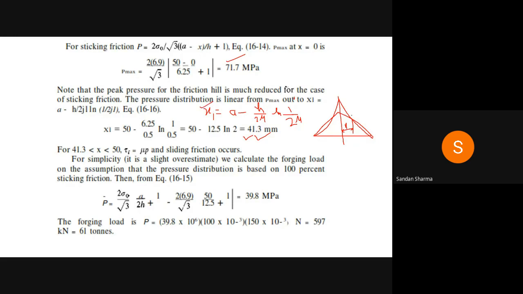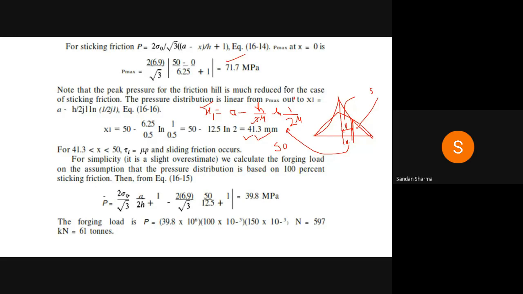What is the value of x where the sticking condition will lie, out of which the sliding condition will lie. So this equation, that x1 value we have seen, is the formula to calculate the value of x1. So from here you can see 41.3 out of 50. If up to 41.3 you are going with the sticking friction condition, you can directly calculate your force required, first the minimum force, using sticking friction condition, okay.